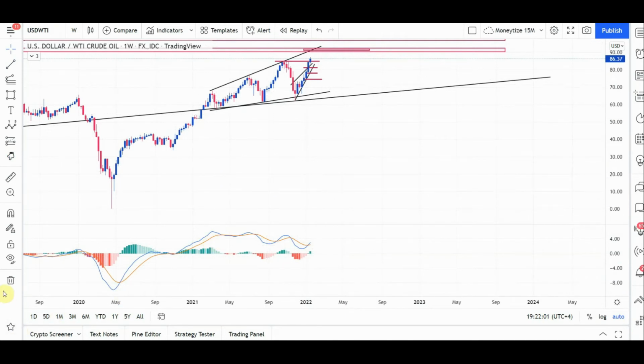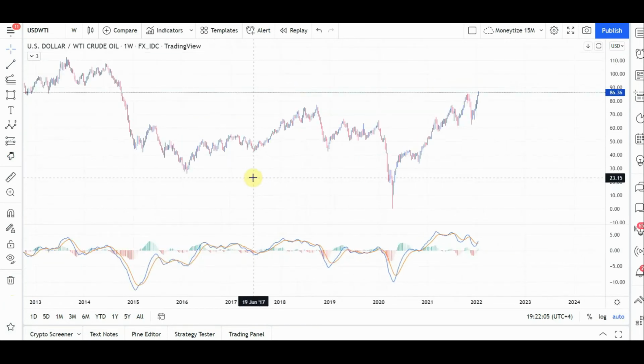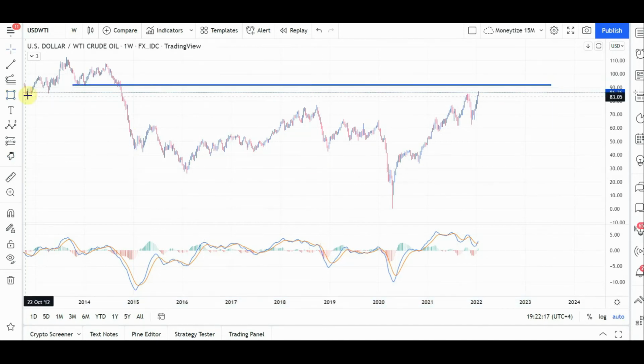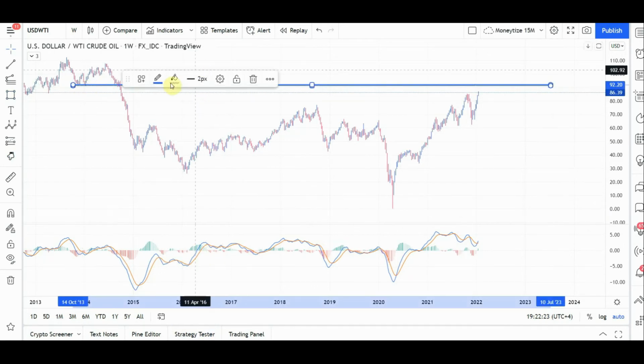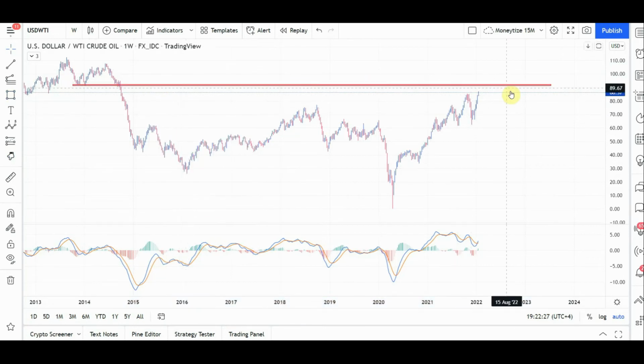So I'm removing all the previous lines and I'm marking my area of resistance as per the previous support. So this is the previous double bottom, and this area should act as resistance now.